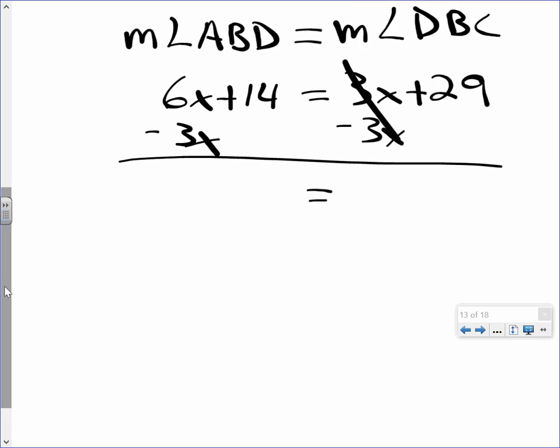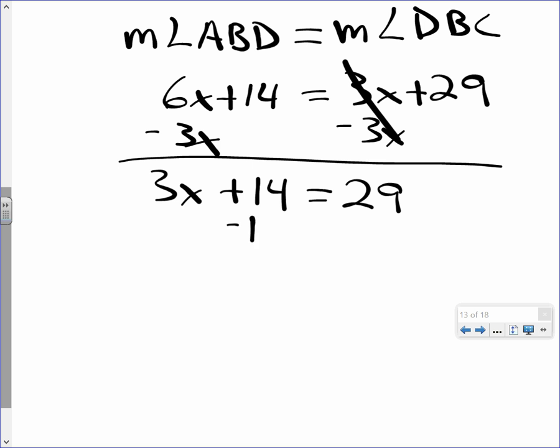I've got 29 on the right. Let's see, 6x minus 3x becomes 3x. I've got the plus 14. We're rocking and rolling. Let's get rid of the 14.